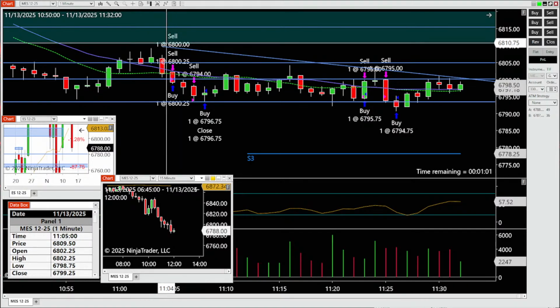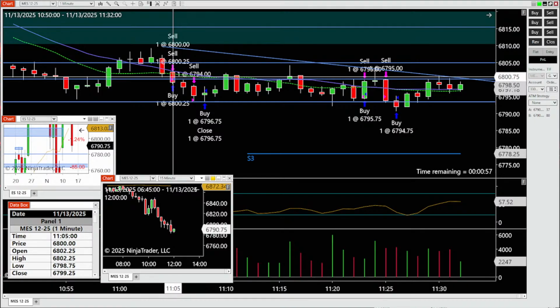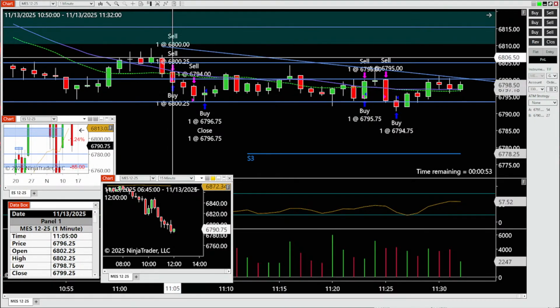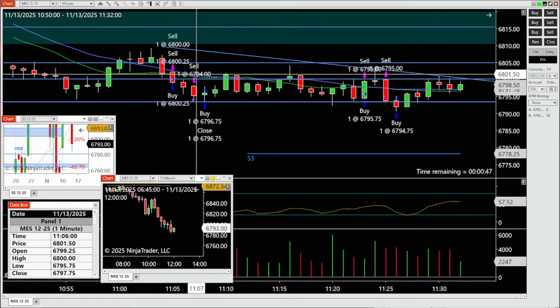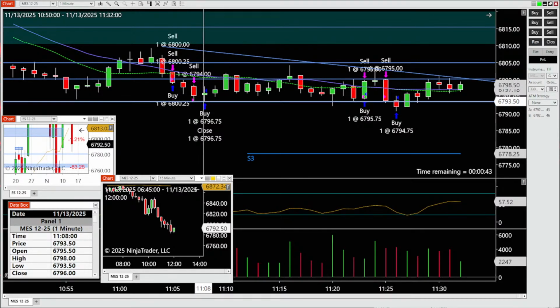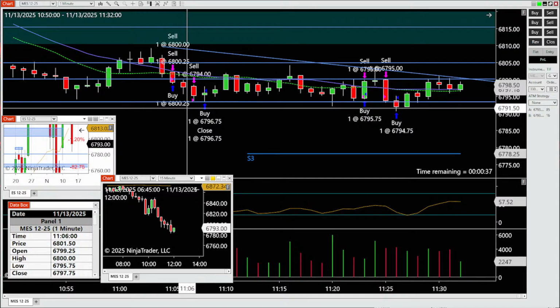Sold at 68. Which order is this? Trying to get it. I sold at 68. One of these, I either lost a tick or I broke even. And then I sold at 67.94. One, two, three, four orders for sales.